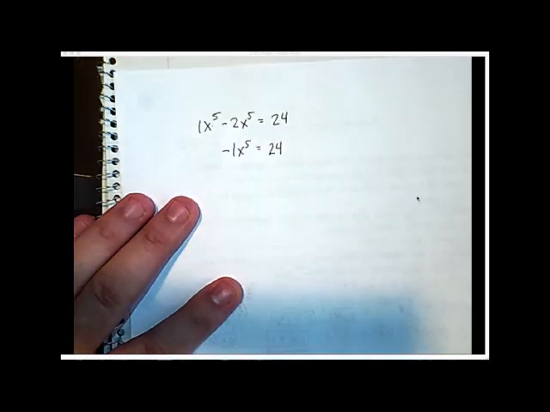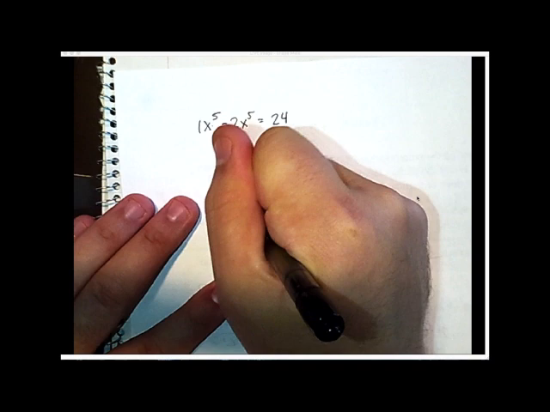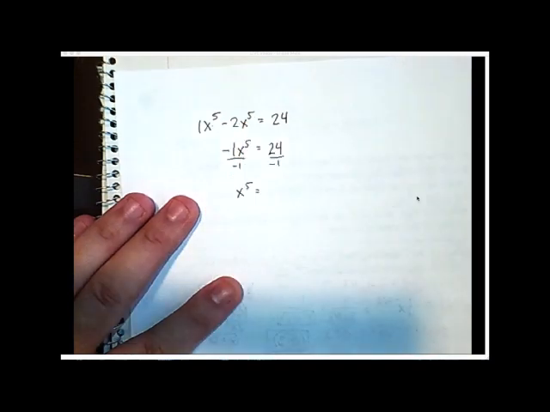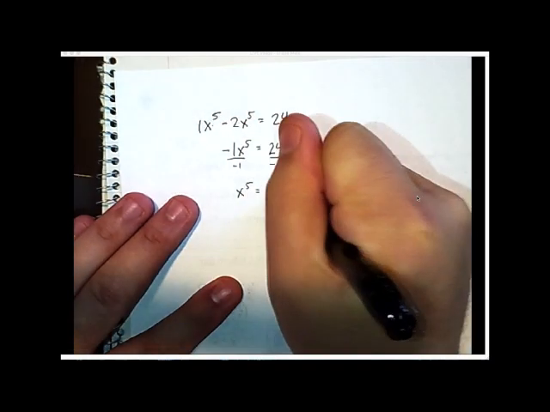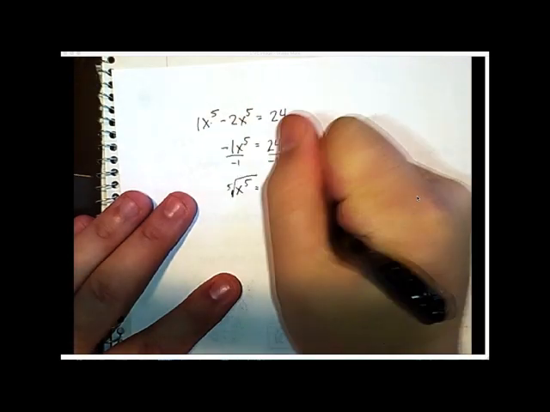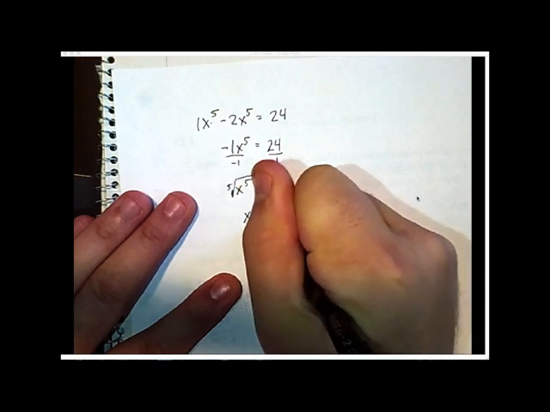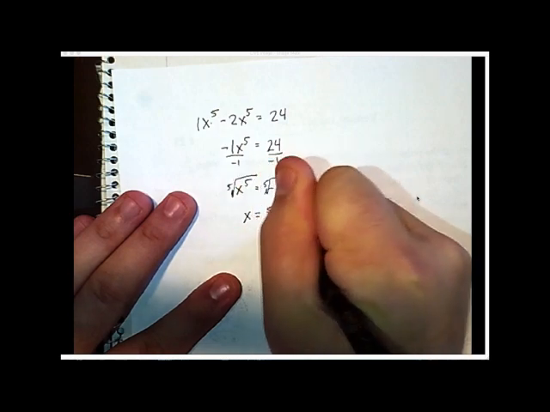I can divide both sides by negative 1, and that would give me negative 24. And then to get x by itself here, you would have to take a 5th root. So x equals the 5th root of negative 24.